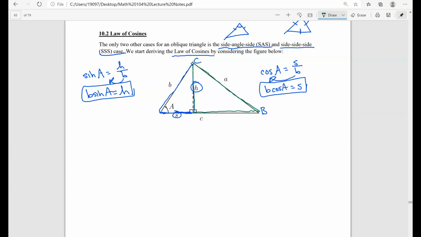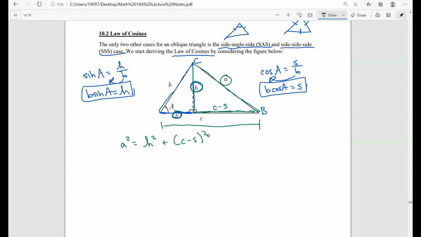By the Pythagorean theorem, we can try to figure out what all of these are. If I know that this is S and this whole thing is C, then this little side right here is going to be C minus S. So using the Pythagorean theorem, A squared is going to be equal to H squared plus (C minus S) squared.